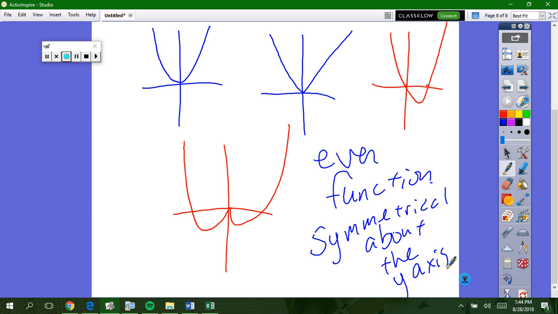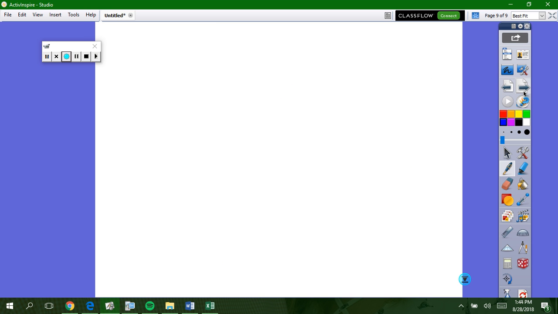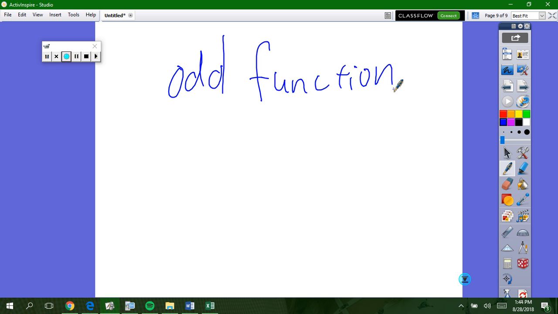Okay. So, really quickly, since we're talking about symmetry, what kind of symmetry does an odd function have? Go ahead, Isabel, you can just say it. Symmetric about the origin.